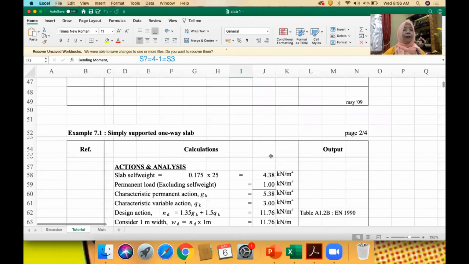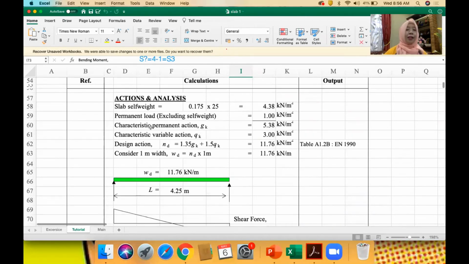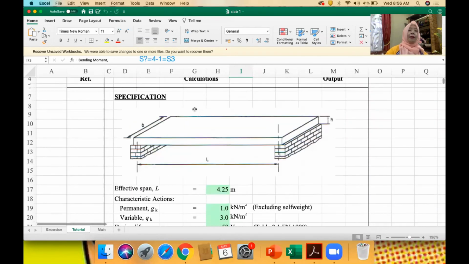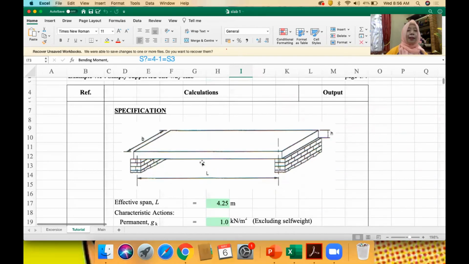Okay, after that, this is the action analysis. Now, before that, we must imagine before we design. This is a one-way slab, because it's only supported by 2 bricks, and the failure will happen at the middle here.